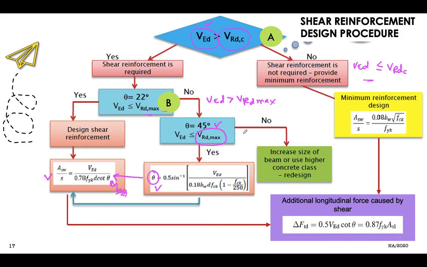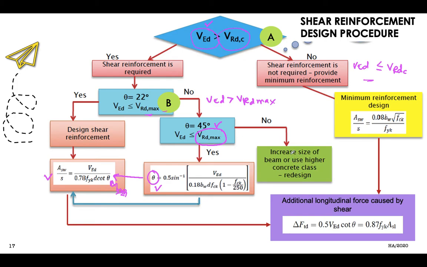So if VED is larger than VRD max with theta value 45 degrees, therefore we are going to follow this flow. So as for this, we are going to increase the size of the beam or use higher concrete class, which means that we have to redesign back our section.